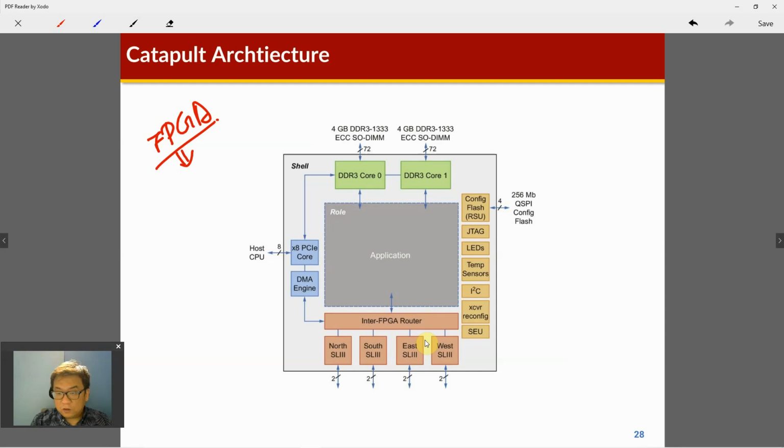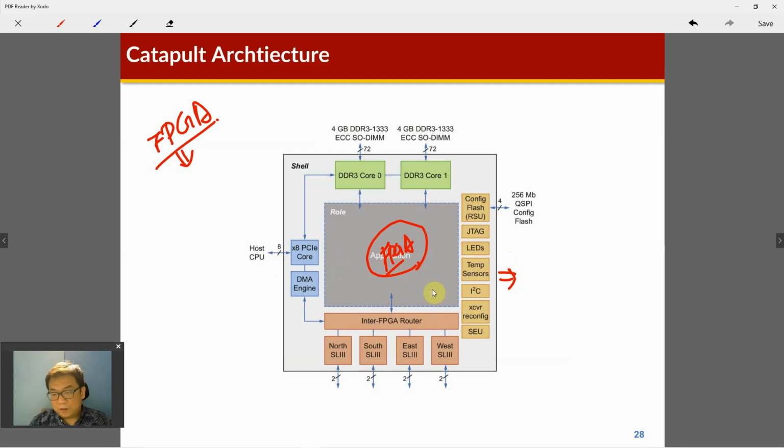Inside the FPGA there are some peripherals, and these peripherals are hardwired IPs fabricated in the FPGA chip.